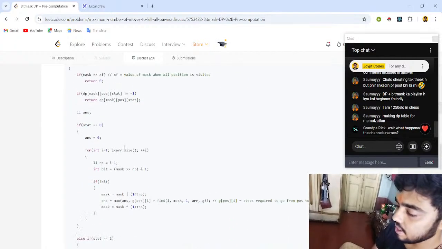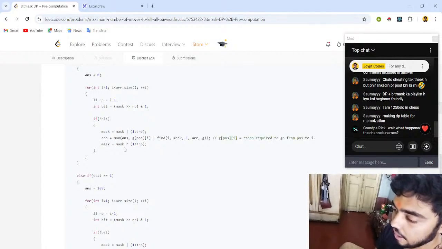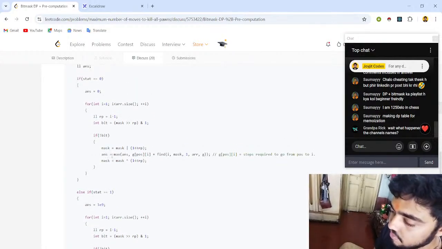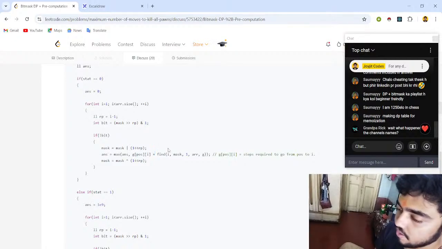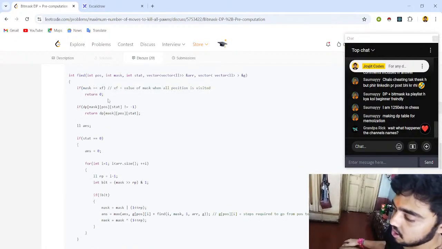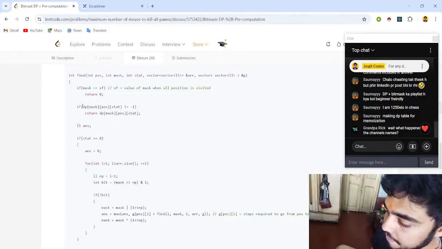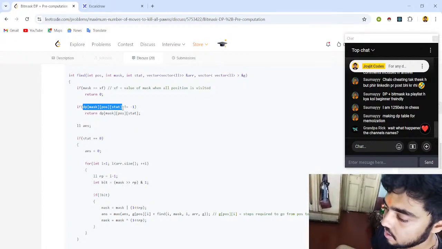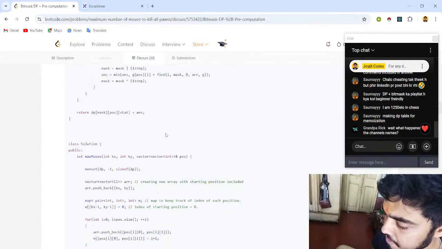This is the base case, right? I hope this is clear right now. Now he's taking, if dp of mask, position, stat, what was the dp like?